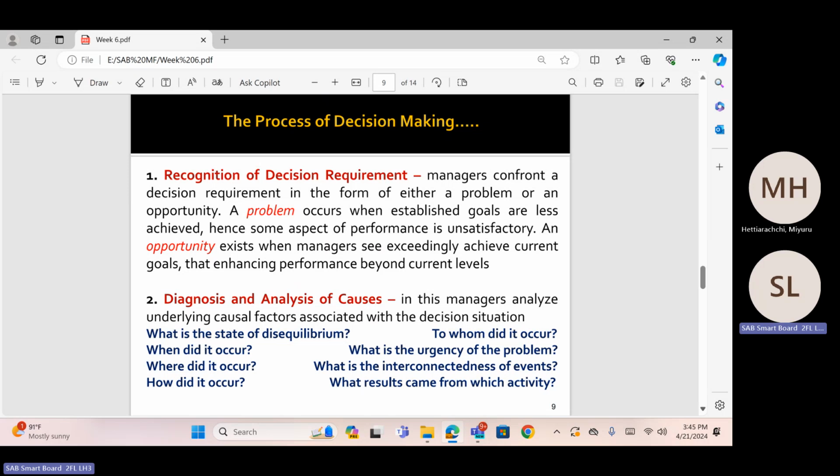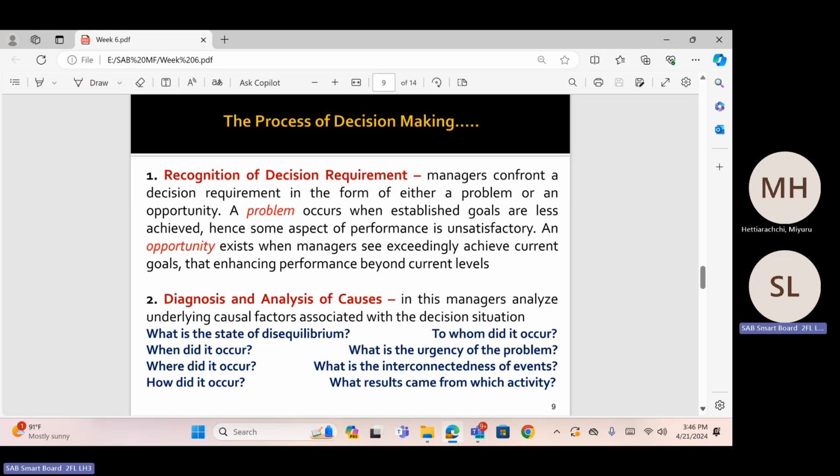Who is responsible? What is the agency for having a solution or addressing the problem? What are the other events connected to that? What are the results, and from which activity should the results come? Likewise, detailed analysis should be done, even if it is a positive or negative problem. That's the meaning of diagnosis.